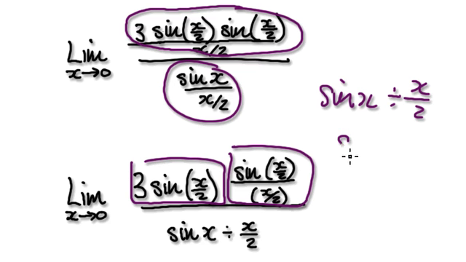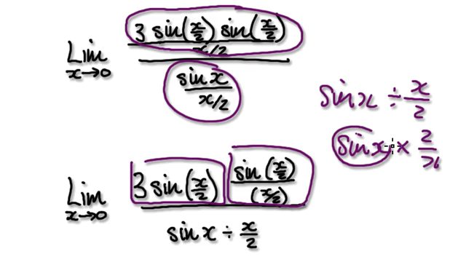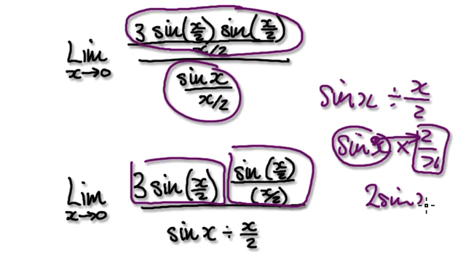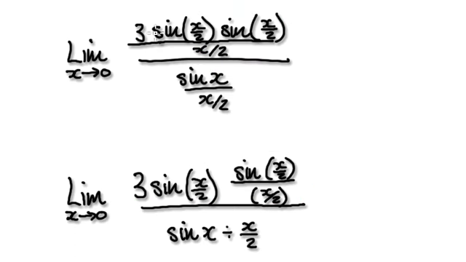But when you divide by a fraction, you times by the reciprocal. So sine x times 2 over x. When multiplied with the fraction, it gets multiplied to the top, giving you 2 sine x over x.